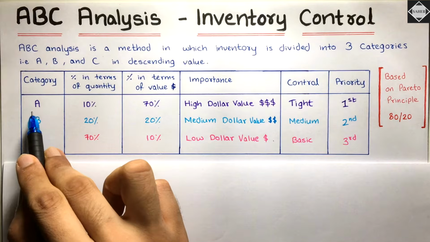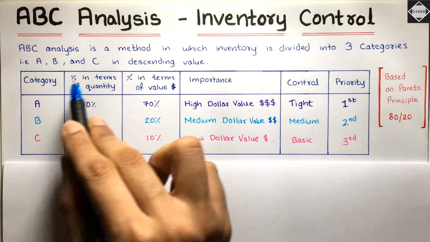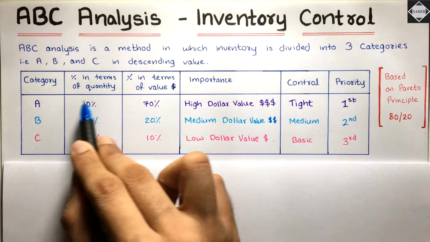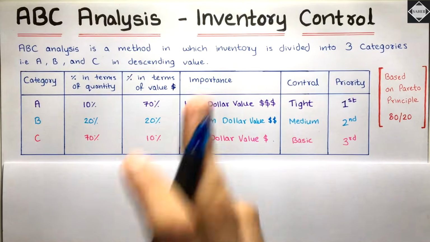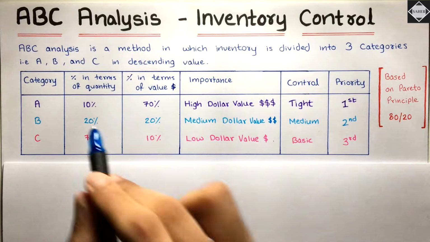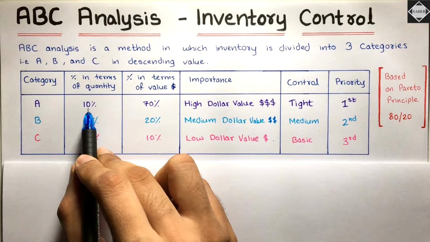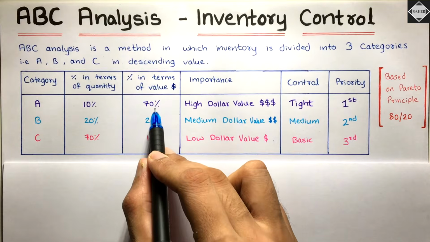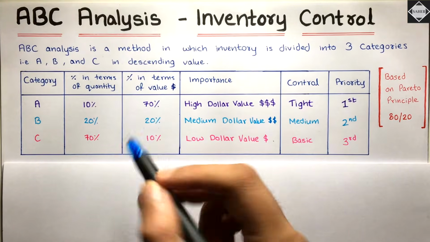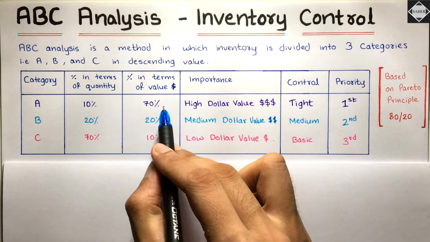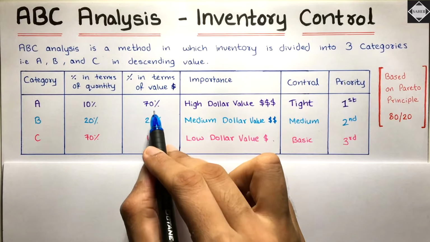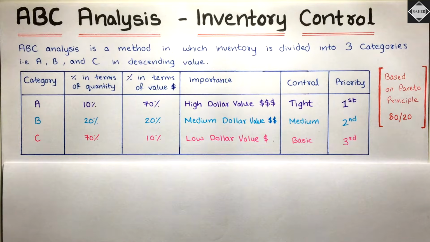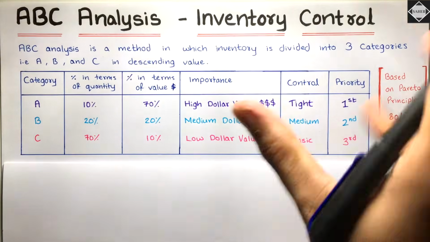See, category A, in terms of quantity, is very less of the total inventory, just 10%. But if you see in dollar terms or rupee terms, in monetary terms, it is very huge: 70% in terms of value of the total inventory cost.